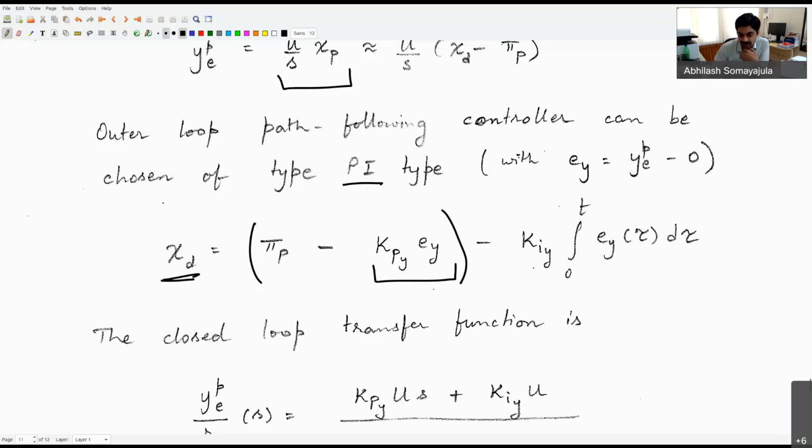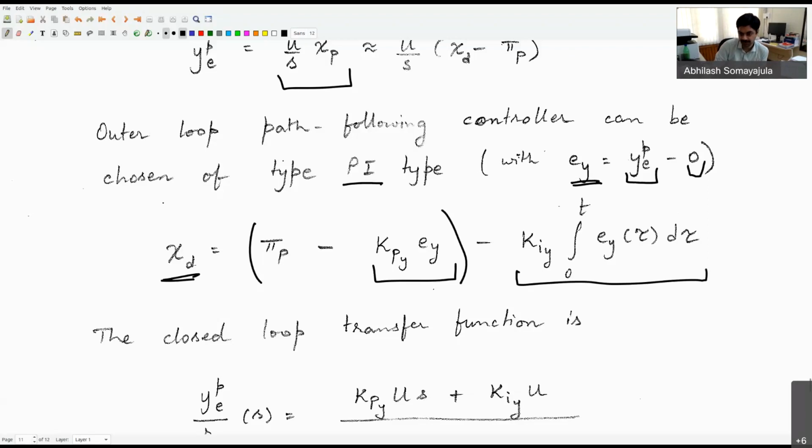Now, in addition, we want to add this integral term so that we can try to compensate for all those disturbances which were there. And with all of this put together, I can write down. So you notice here that I want to make sure that the error is taken between the actual cross-track error and 0, which means that I want to track all my errors in the cross-track direction to 0.